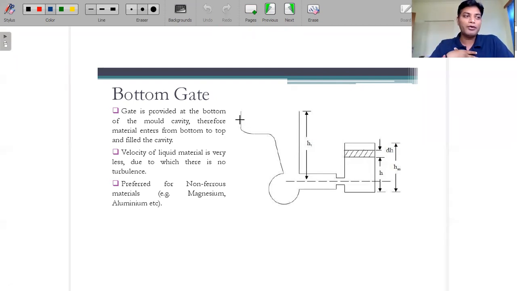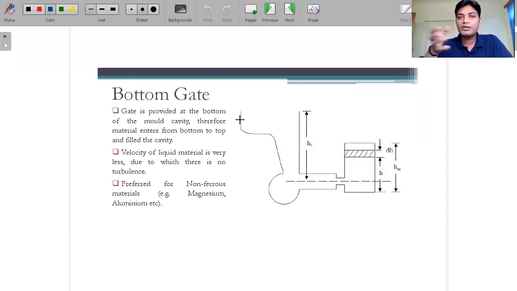If I say from my mechanical point of view, whenever we design a machine, we calculate its dimensions in terms of diameter, length, cross-sectional areas, and how much force is applied on it.